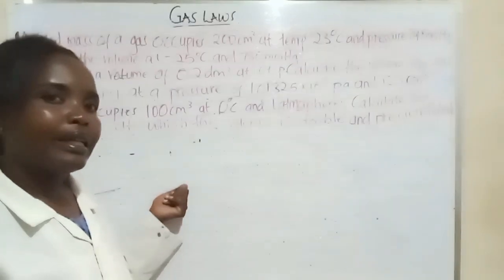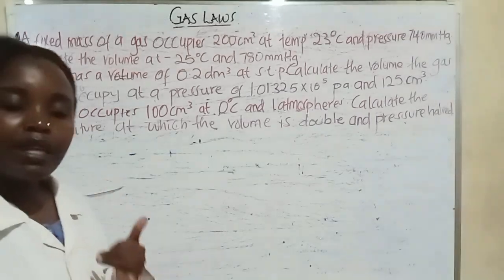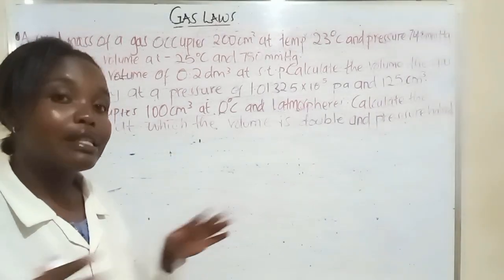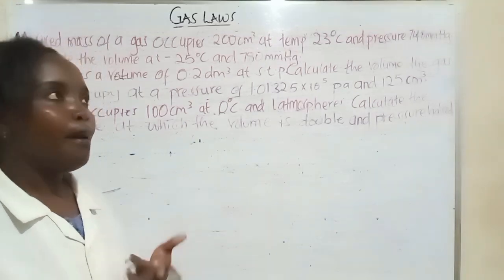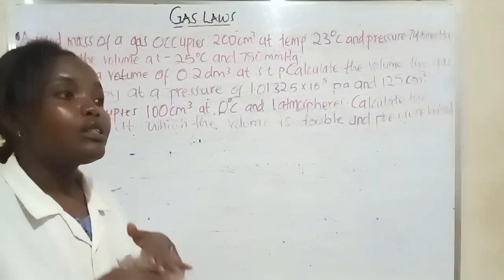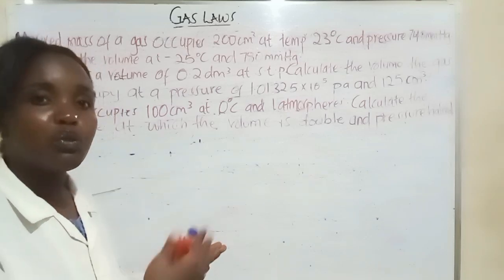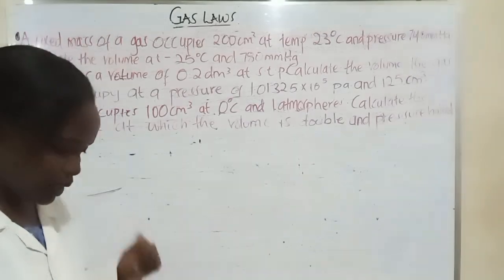For combined gas law, what is going to guide you is that the variables we talked about, temperature, pressure, and volume, are changing. So we're going to have the initial P1, V1, T1 being completely different from P2, V2, and T2, unlike in other gas laws.